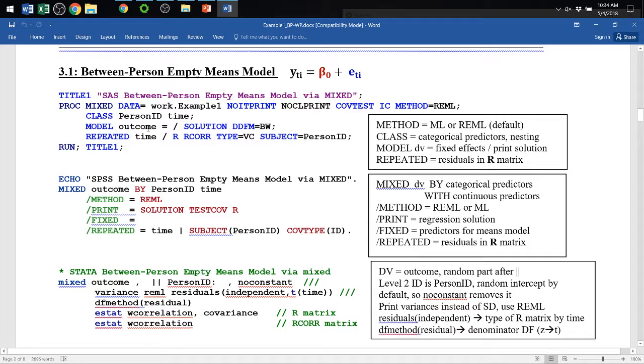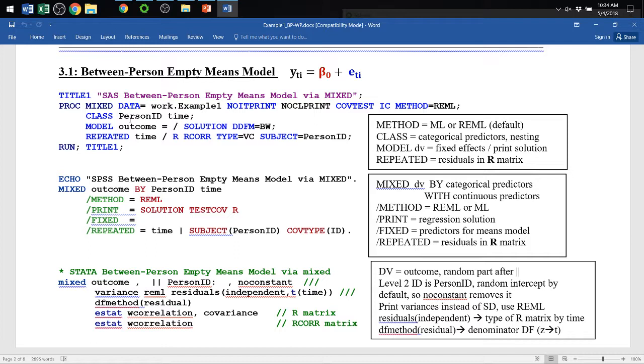Yes, sir? I have a question about REML versus ML. So I've heard before, when you don't have a lot of people, REML's preferred. But how do you quantify when's a lot? 30 to 50 is the general rule that I had heard, but it actually depends on how complex your model is.